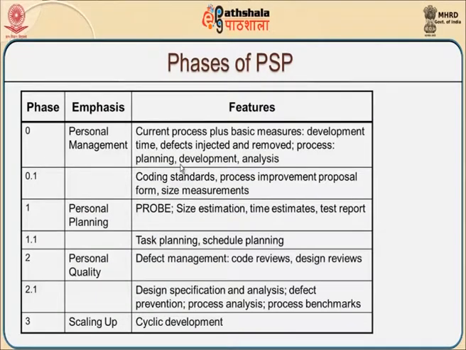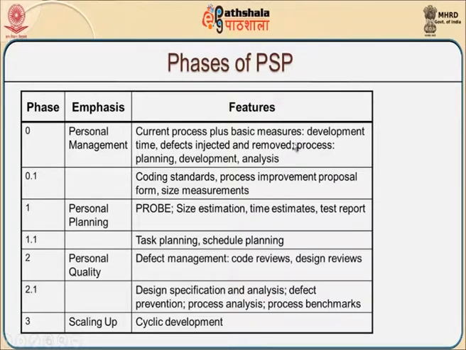So, in detail, if you look at phase 0, the emphasis is majorly given to personal management, where we look at the current process and its basic measures like development time and the number of defects injected and removed.